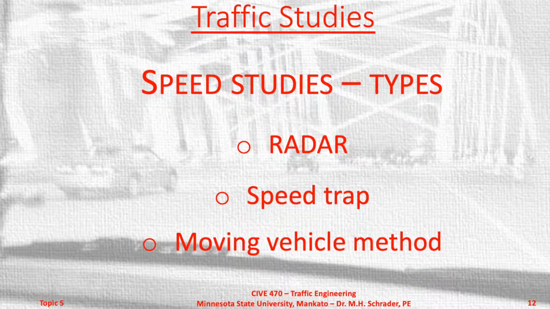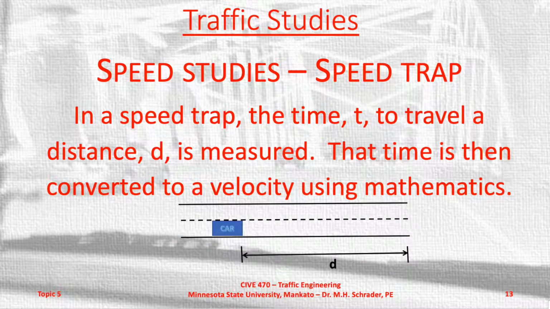These are some of the methods or some of the types of speed studies. We can use a radar, or we can use a speed trap, or we can use the moving vehicle method. The speed trap is the most commonly used method, so I'm going to talk more about it. For a speed trap, we basically measure the time.